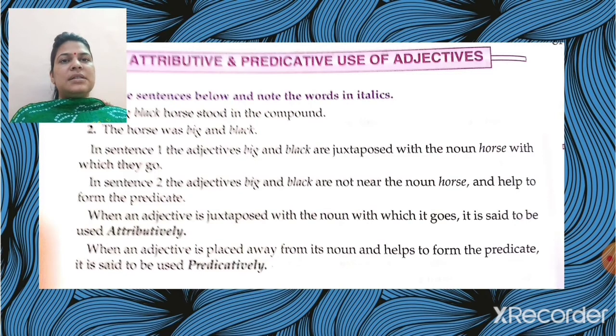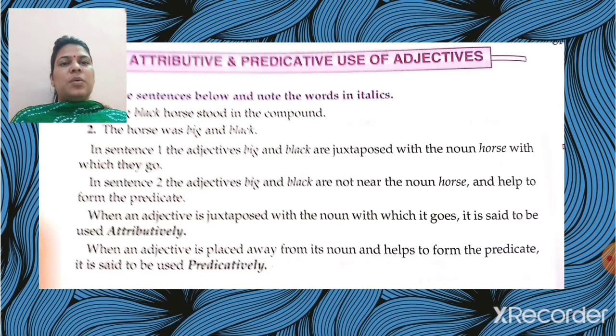So horse is the noun or the subject of the sentence, and the adjectives have been written at the back in the form of predicate of a sentence, like the horse was big and black. So the horse is subject and was big and black becomes predicate.